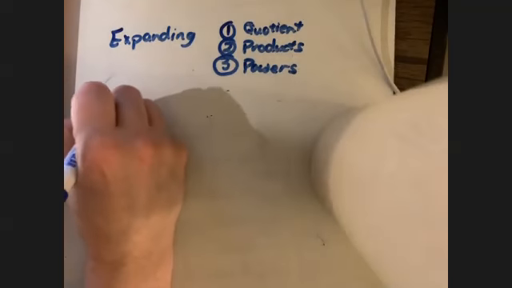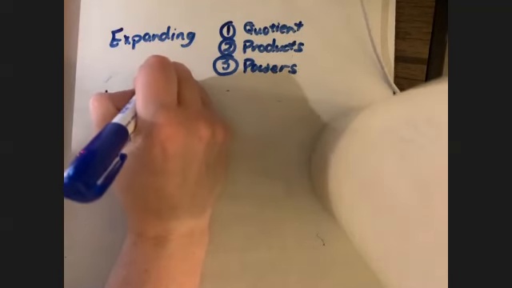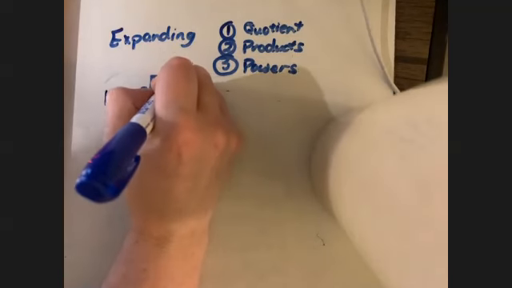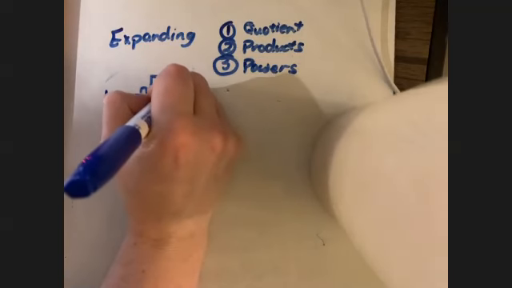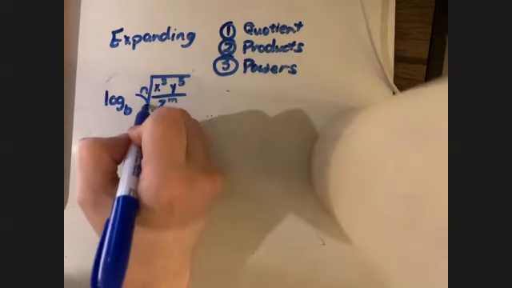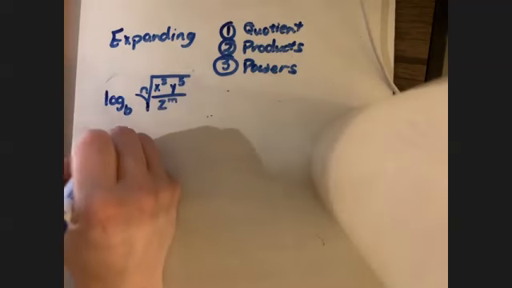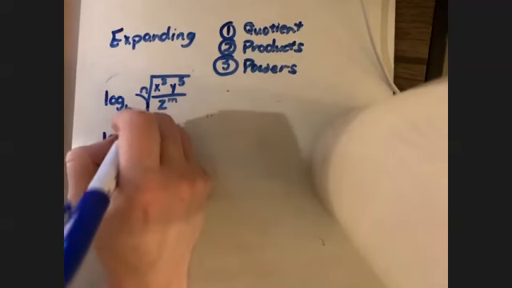And then we're going to look at another thing that they'll have us do. We've got log base b of the nth root of x cubed y to the fifth over z to the m. Now, since this root is over all of this, the first thing I do is write each one of these with their fraction exponents.